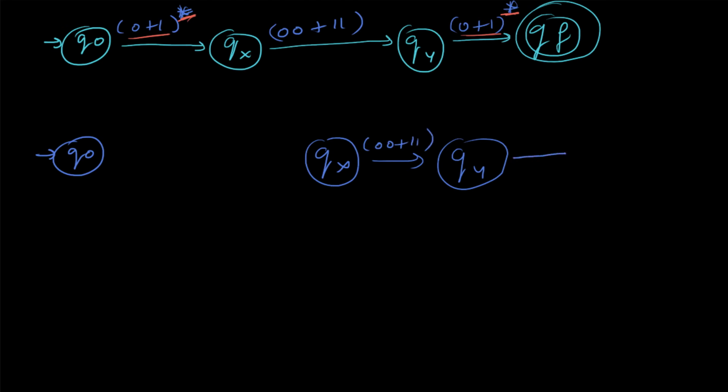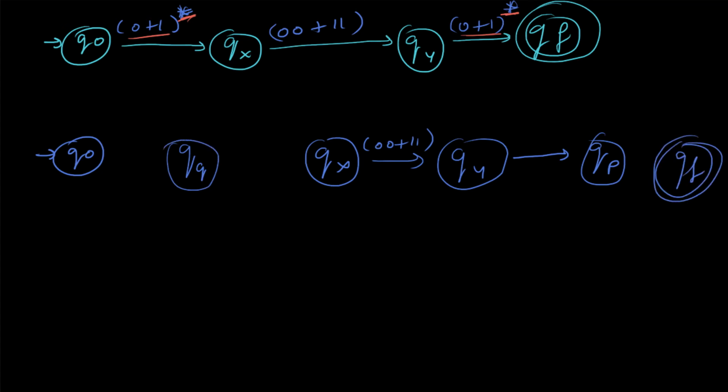And now what we do here is create a new state, qp and a qq, okay, doesn't matter, and a qf, right. So this is our final state, and draw the arrows.